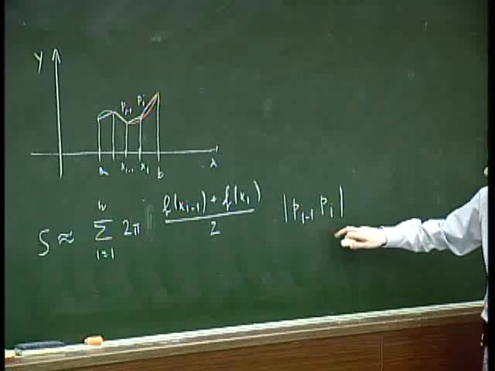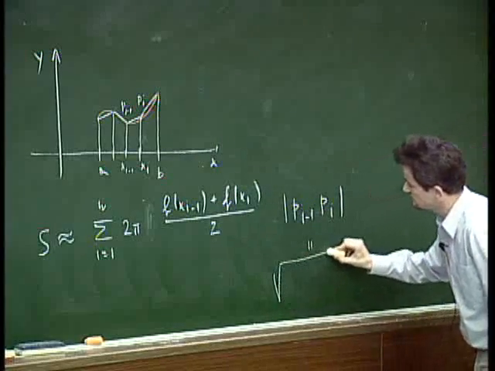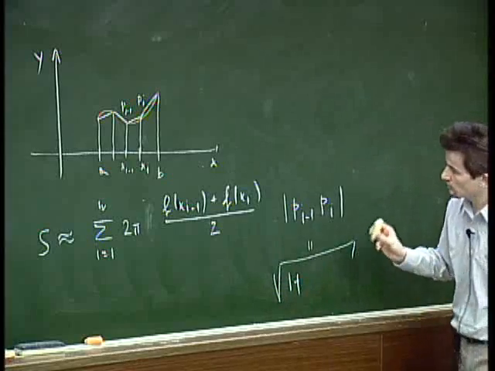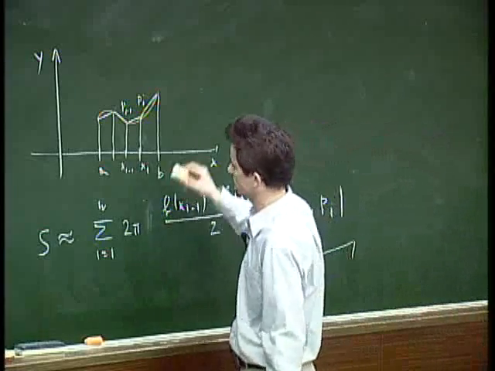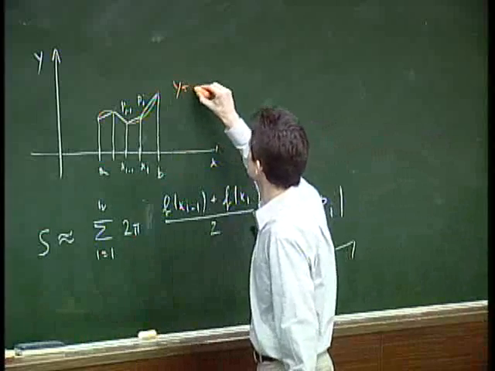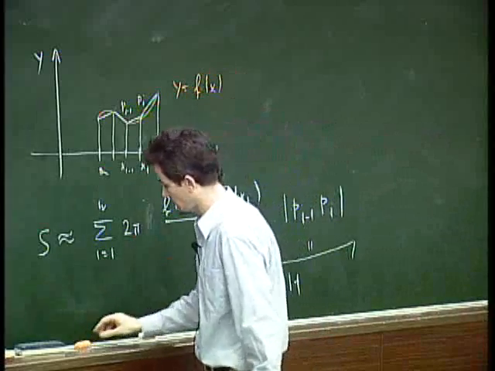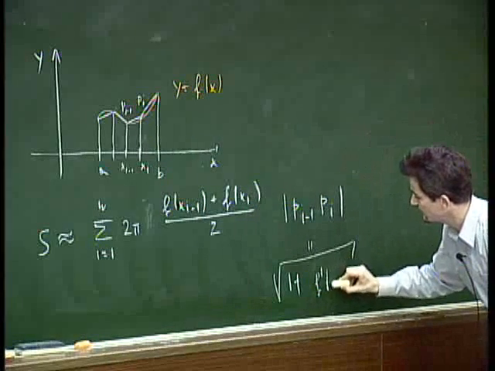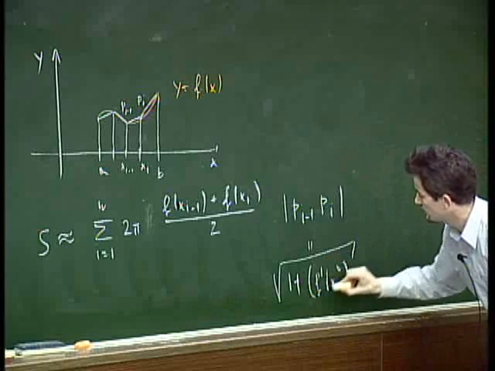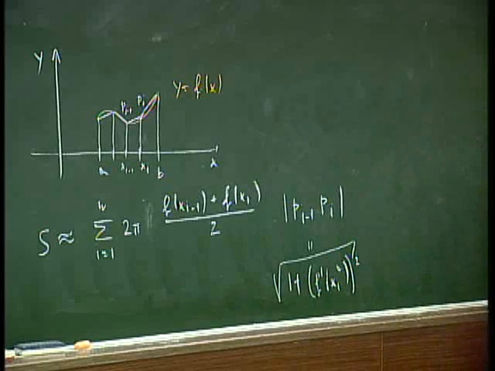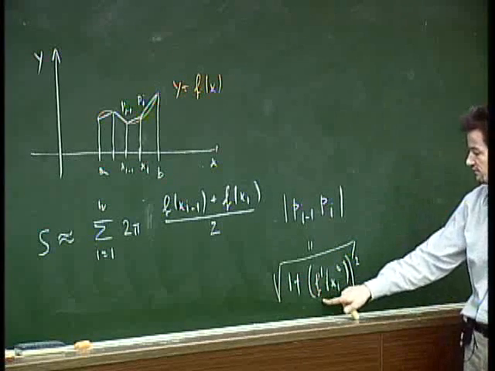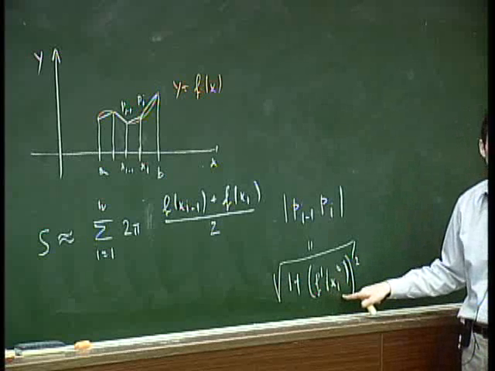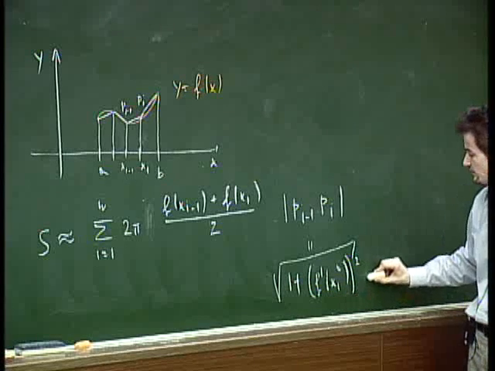Now, last time we already expressed this as the square root of 1 plus. If we assume that the function is differentiable on the interval [a, b], we last time used the mean value theorem to express this as the square root of 1 plus the derivative of f at some sample point squared, multiplied with delta x. The sample point is coming from the mean value theorem.